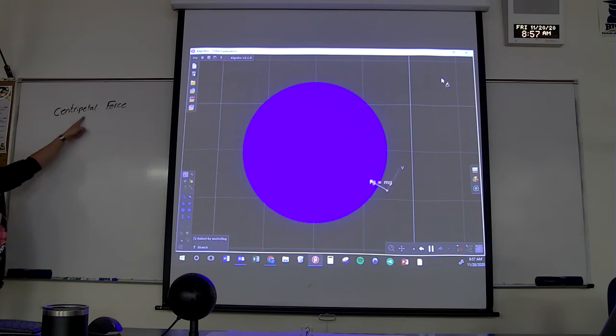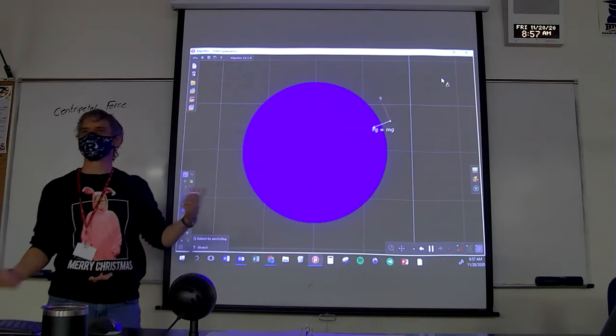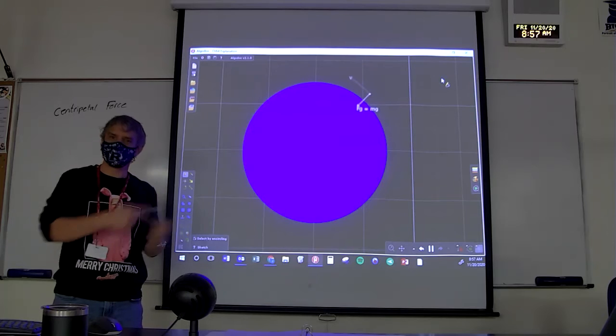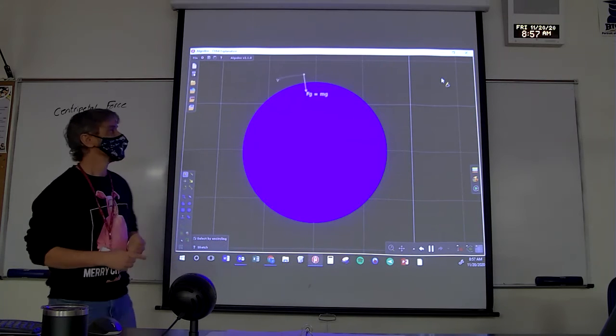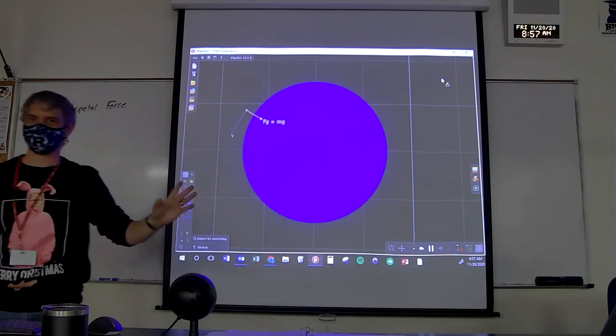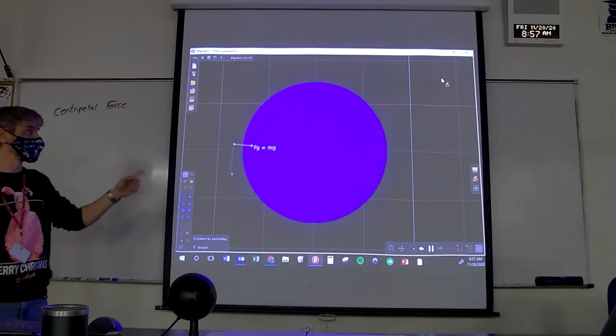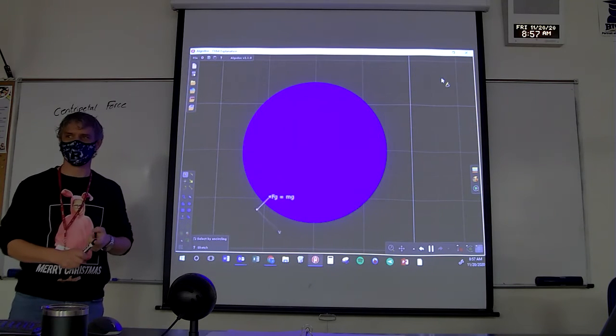And so center seeking force. So this object has a centripetal force on it, meaning it has a force on it that is seeking the center or pointing towards the center of the circle that it's moving in. But that force is what's responsible for that circular motion, hence Newton's actual discovery.